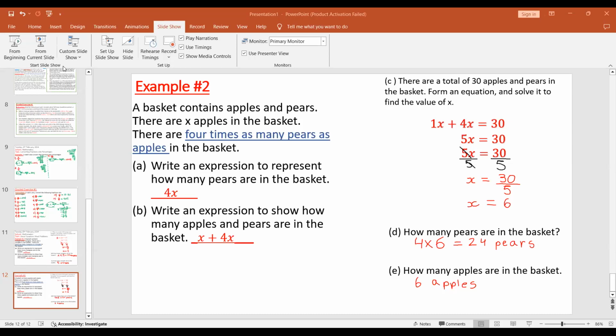And Siren, you understand? Where's Siren? I can't hear from Siren. How about Darnik? Darnik, do you understand how we got our answer? And Jalen, where's Jalen? Jalen, you understand how we got our answers? Yes, sir.